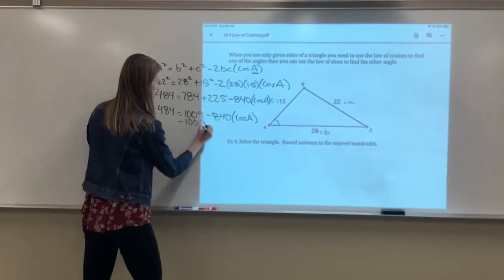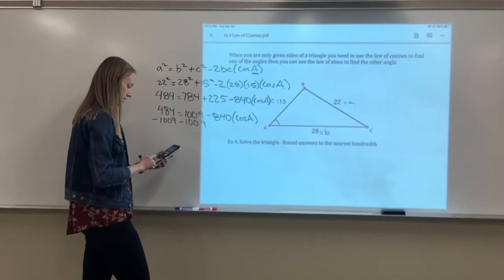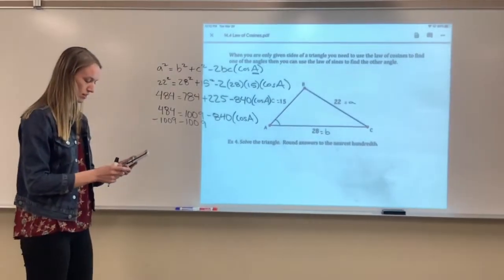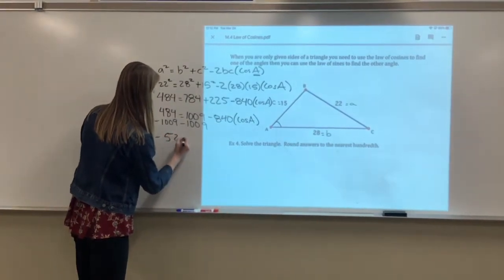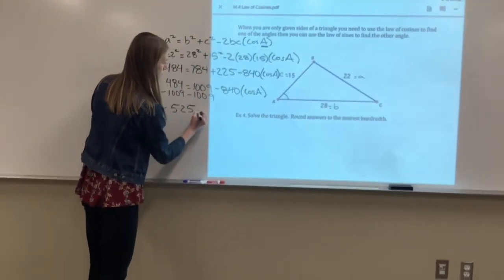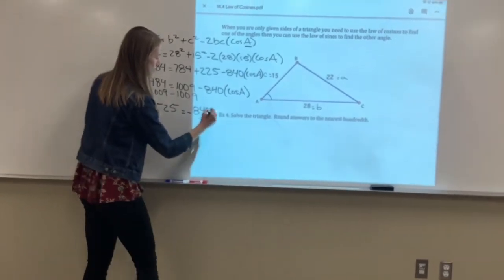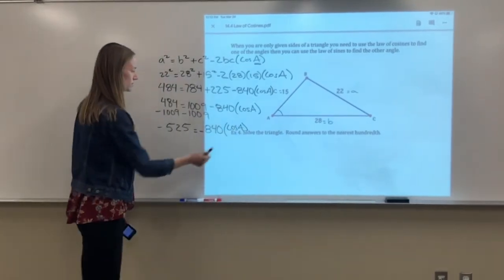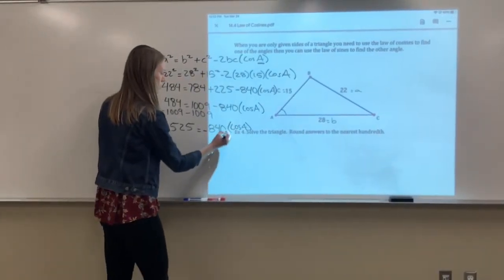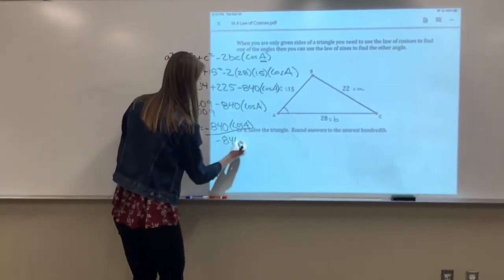Subtract the 1009 from both sides. So 484 minus 1009 equals negative 525, equals negative 840 times cosine A. And now we divide both sides by negative 840.